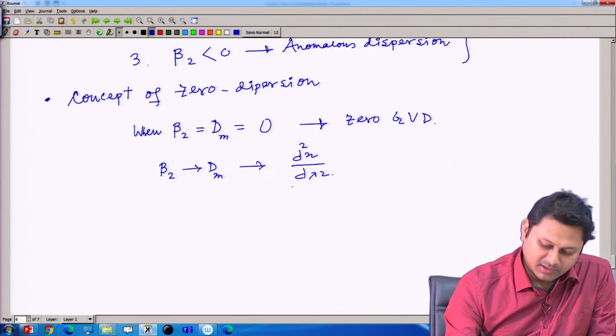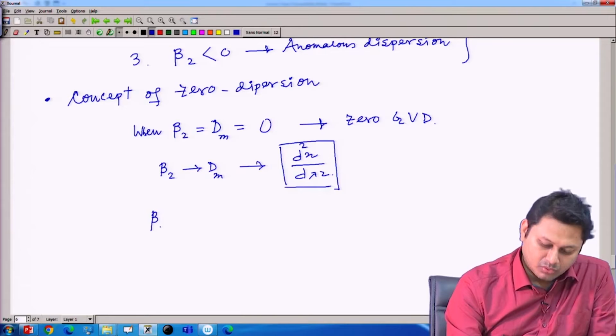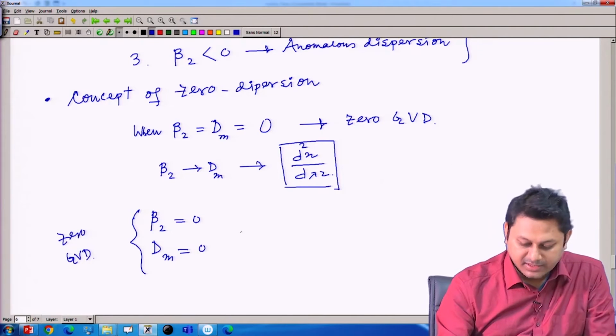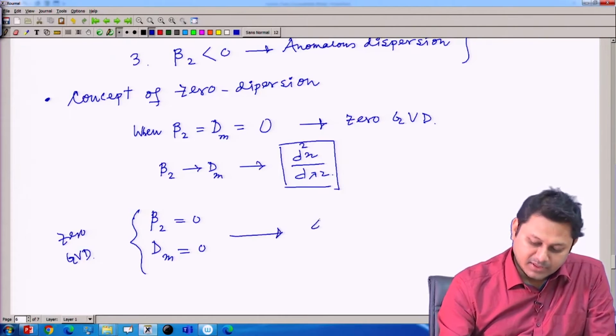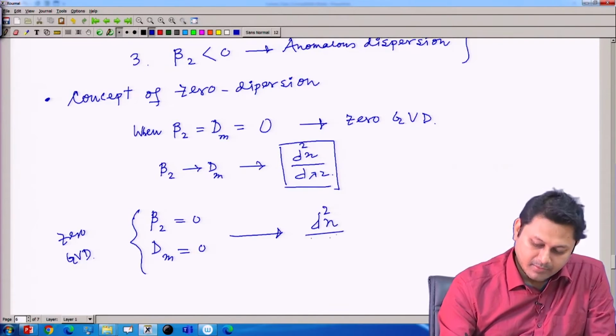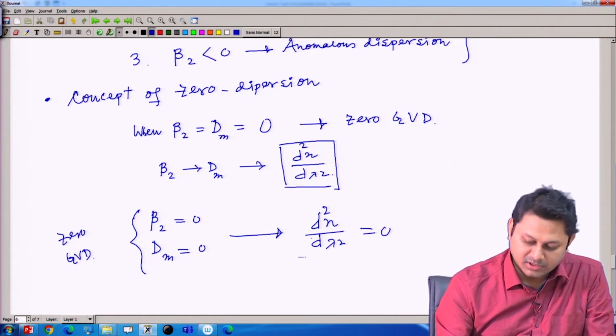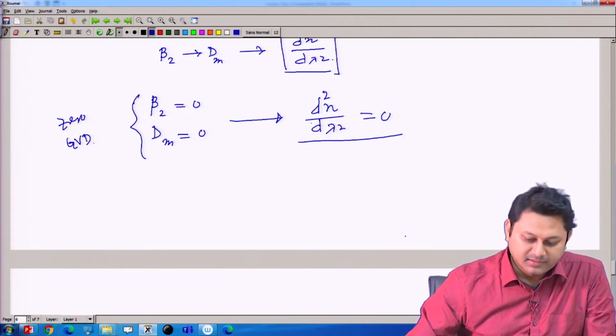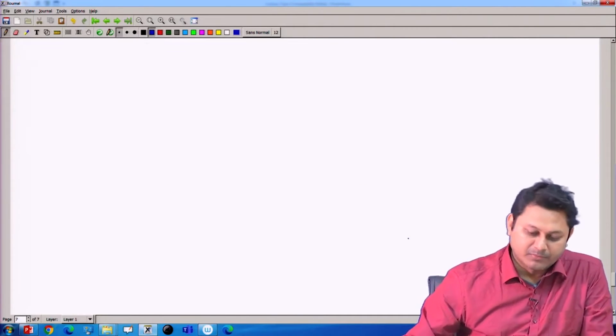So, when I say that beta 2 equal to 0 or Dm equal to 0 for the zero group velocity dispersion condition, that essentially means that this term d2n d lambda square is 0. That is a very, very important condition here. Whenever I have a wavelength for which this double derivative is 0, then this is called the zero dispersion wavelength.